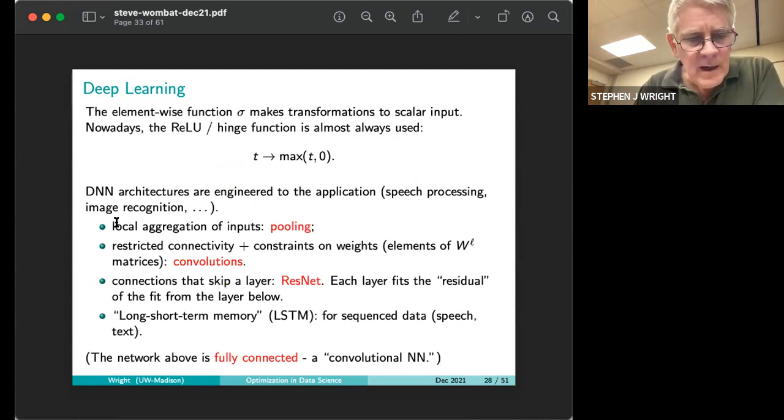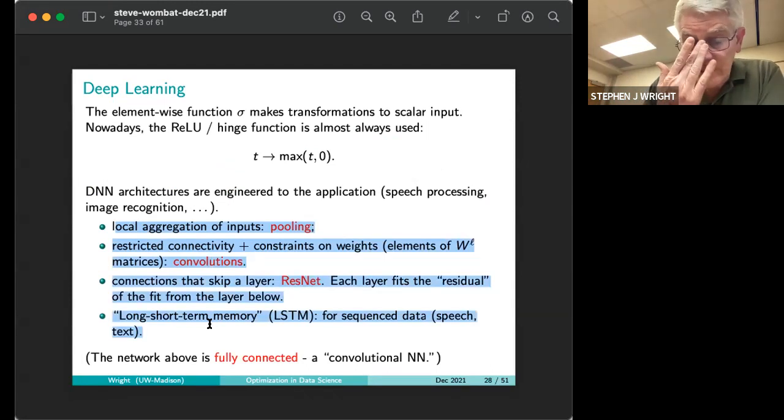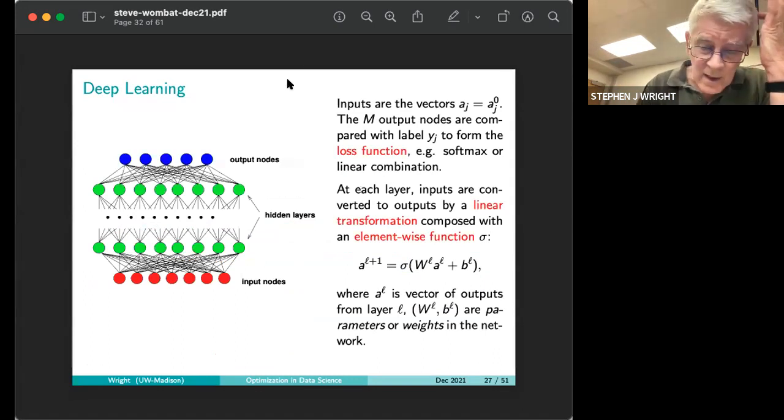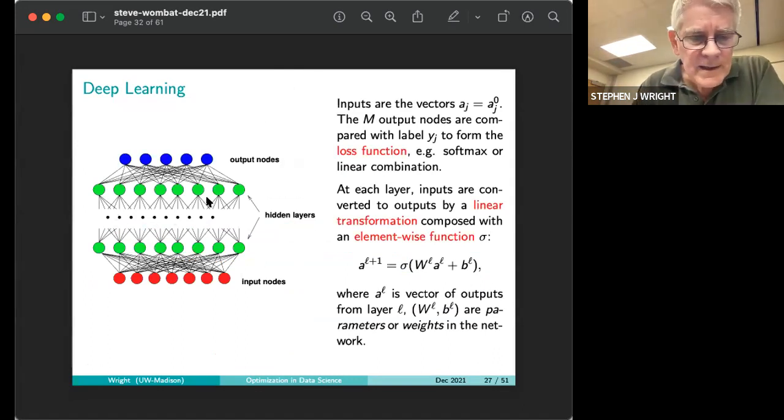Now, there are many enhancements and variations of the neural net that I showed you on the previous slide that are suited to certain applications. There are cases where the connectivity is restricted. There are cases where you put constraints on the elements of W. You might add some sort of penalty term. Another one that's been very popular lately is that you add extra connections so that the input to a layer doesn't just come from the previous layer, but also from 2 layers down.